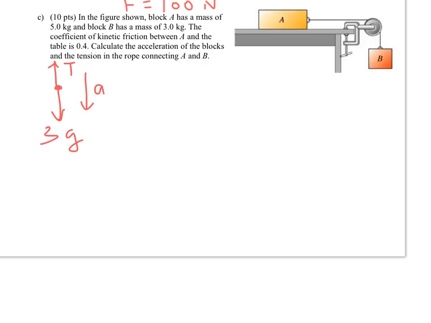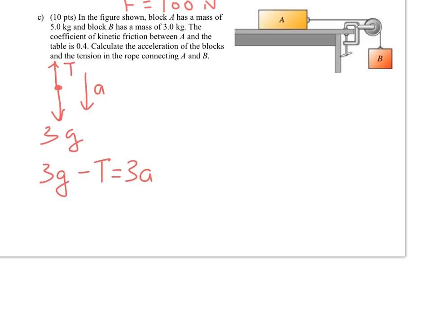Now, if you apply Newton's second law to this free body diagram, if I call downwards the positive x direction, then sum Fx equal to ma gives me 3g minus T is equal to 3a. That's all you can write down. You have two unknowns, so you can't solve this.